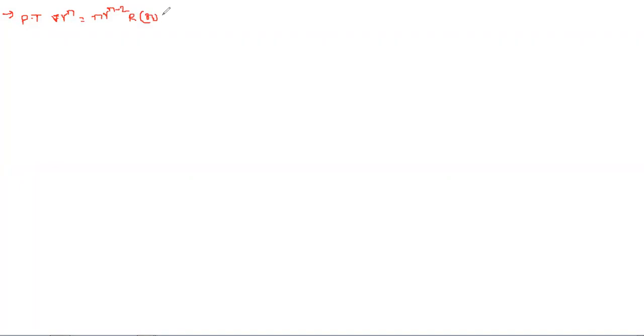Capital R, they may give capital R in place of this small r bar, where capital R is equal to xi plus yj plus zk. So prove that del r power n is equal to n into r power n minus 2 into r bar, or simply they may give capital R.